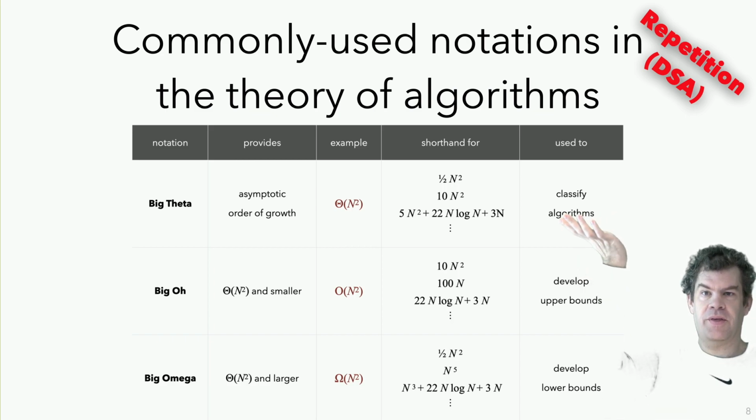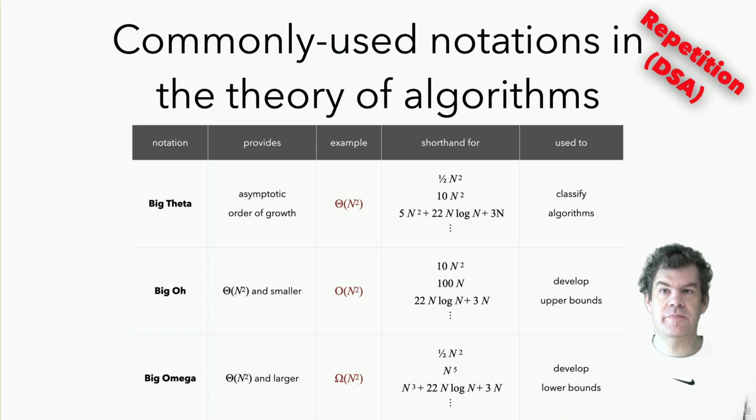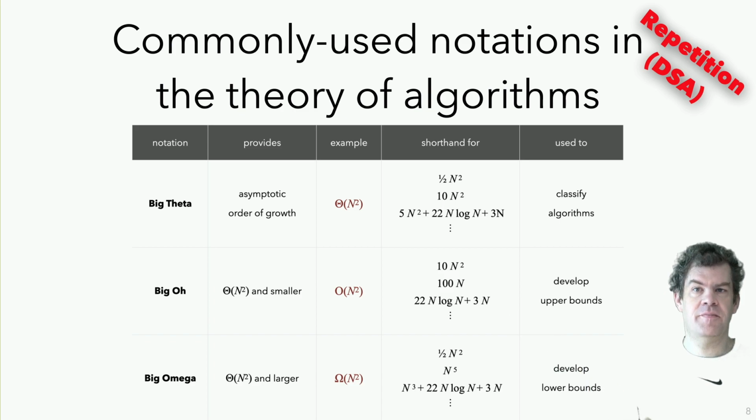So there's also big theta, and then there's big omega, and those are the two others. Big omega is the lower bound concept, and big theta is the classification of an approach. So this is the actual complexity of a problem, which lies in between those two. Just to give you an idea what these things really mean, because a lot of people have this misconception about the O notation.